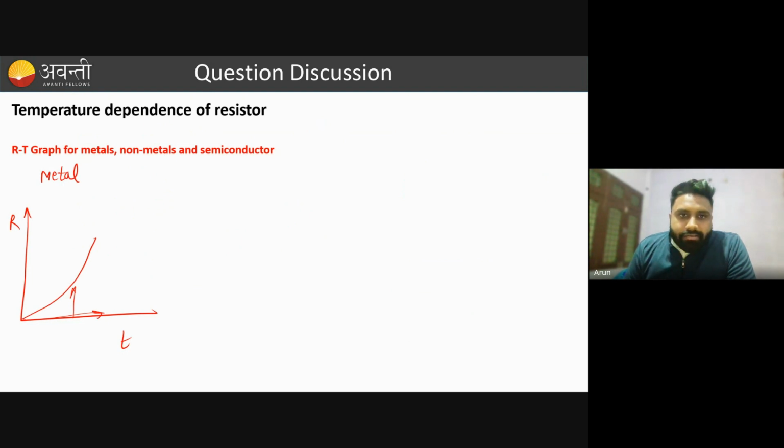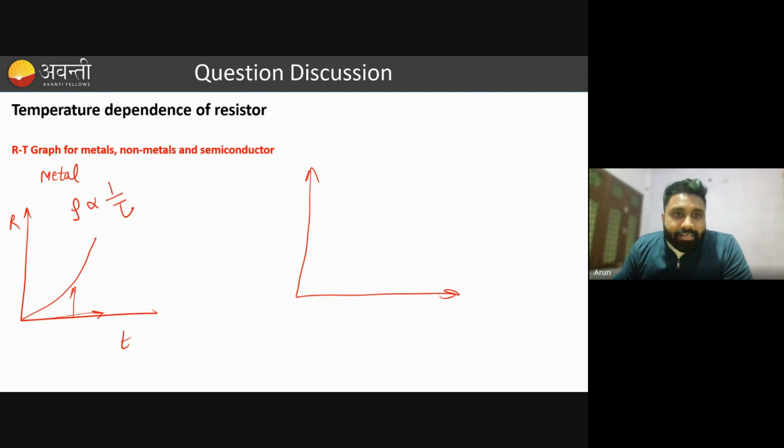And why is it happening? Because resistivity is directly proportional to 1 upon tau, the relaxation time. So if you increase the temperature, the relaxation time between collisions will decrease, so resistivity will increase. Now, the same thing for semiconductors, if I talk about them.